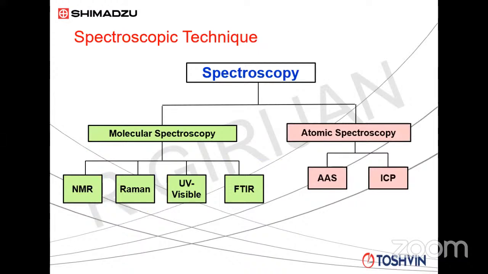So spectroscopy technique, when we talk about spectroscopy, it can be broadly divided into two types: atomic spectroscopy and molecular spectroscopy. The division is based on what are the changes taking place when a spectroscopic technique is being carried out, whether the changes are taking place at the atomic level or at the molecular level.